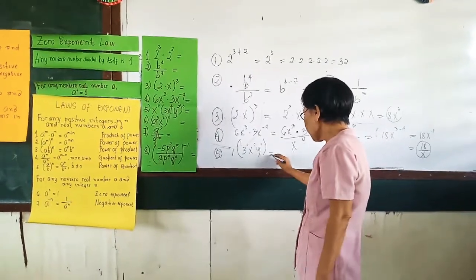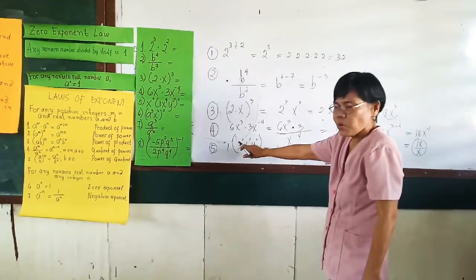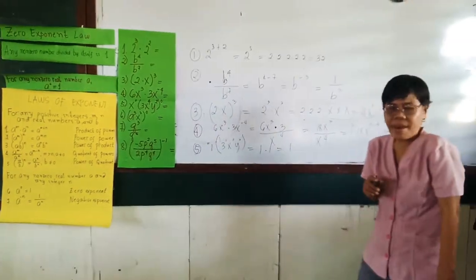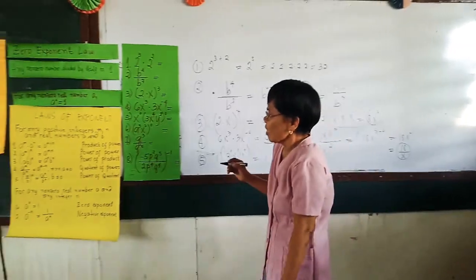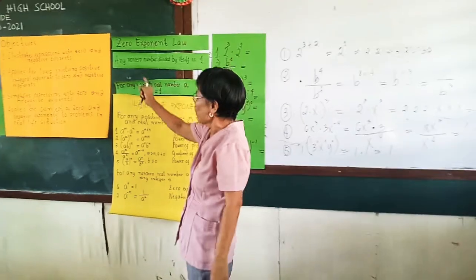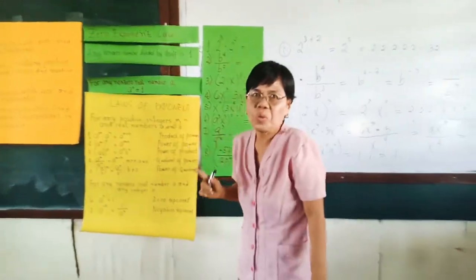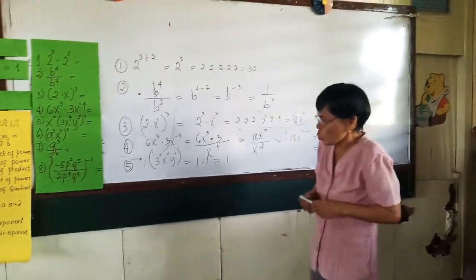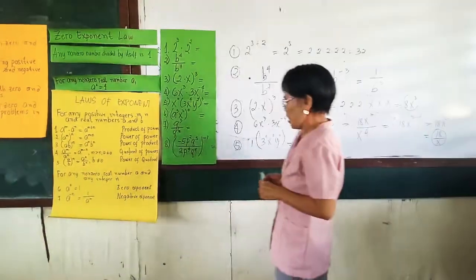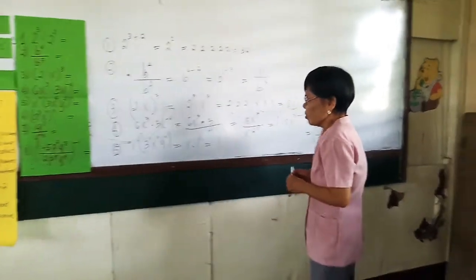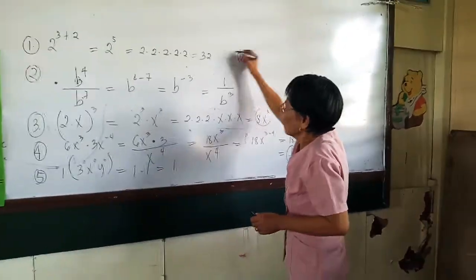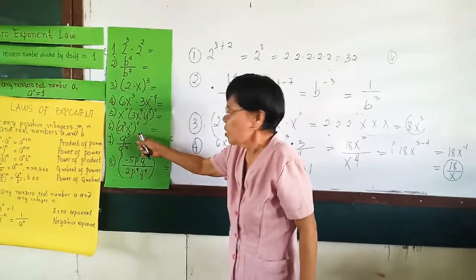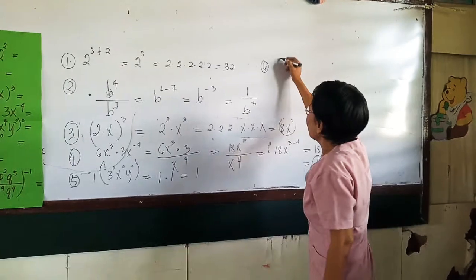So that equals 1 times 1, so therefore the answer is 1. As I've said, if the exponent is 0, the answer is always 1. Did you get it? Okay, let's proceed to number 6. The same. The exponent is 0. So the answer is 1.